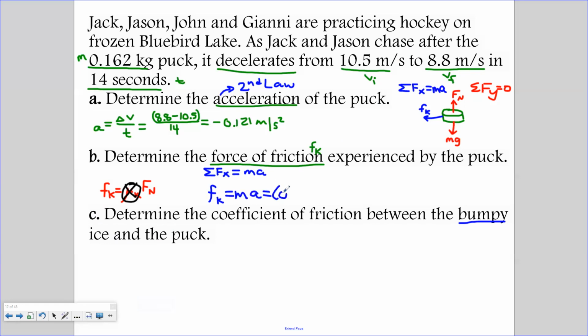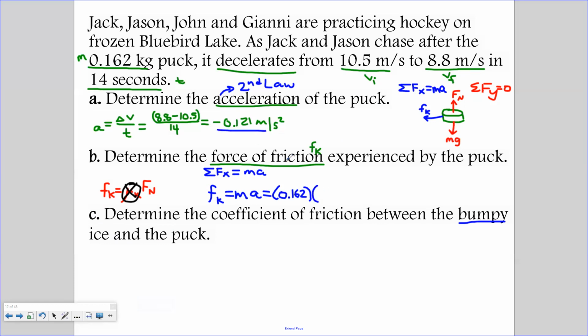Our mass is 0.162. Note, you should always put the leading 0 on your numbers that are decimals. That way they know that you know it's a decimal and that your decimal point isn't just a stray mark. So if you have that leading 0, it makes everything crystal clear and unambiguous.